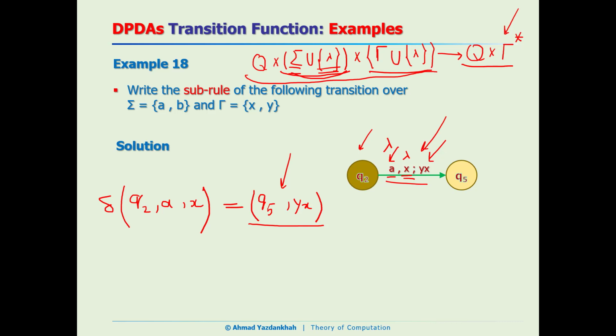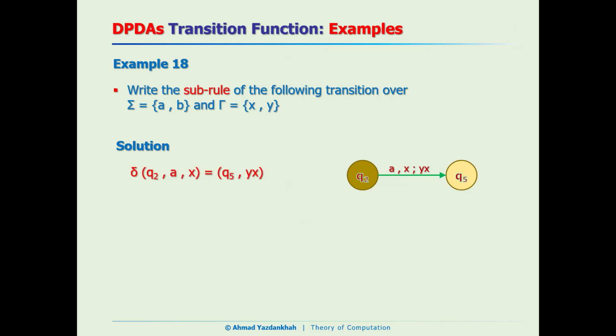So that's why we need to union that. All right, so this is the answer, and this is why we had to union the lambda with this and this.